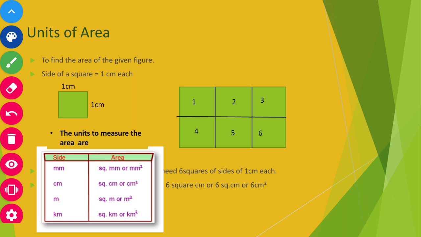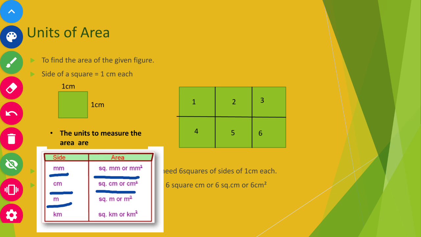Now how will you measure the area? As I said, you can measure it in meters, millimeters. If the side is in centimeters, we measure the area in square centimeters or centimeter square.